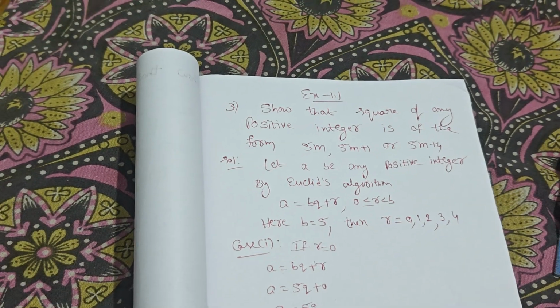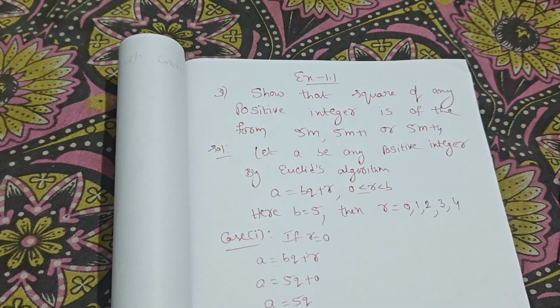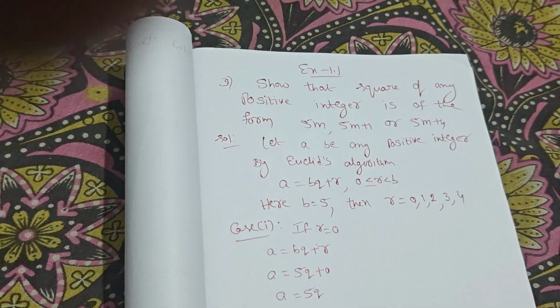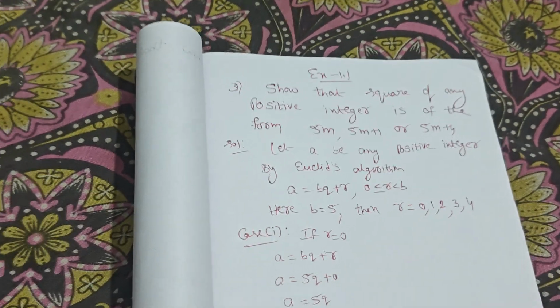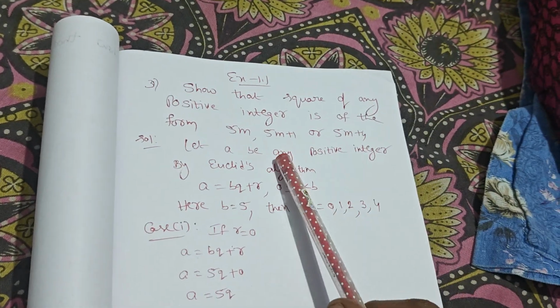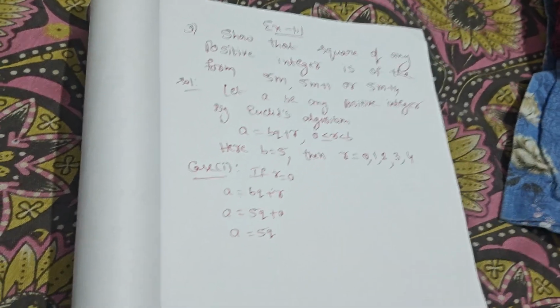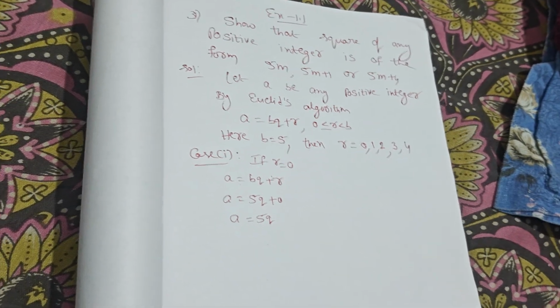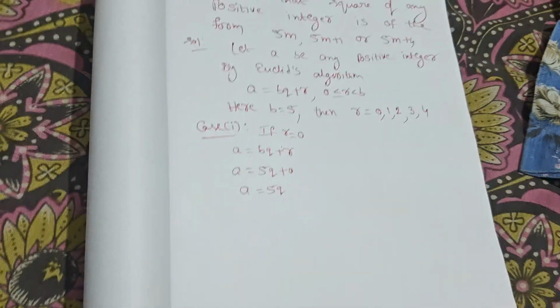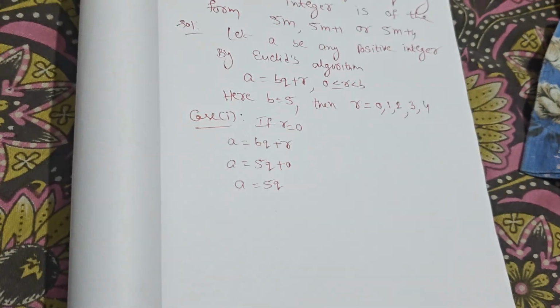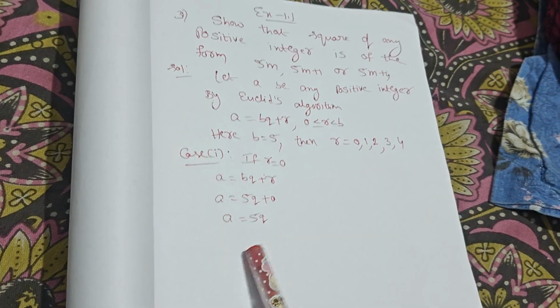Square of any positive integer means a is the positive integer, so we have to do the square of a. How can we get the square here? If you do squaring on both sides, you will get a square. Whenever we do anything on the LHS, the same thing we have to do on the RHS.